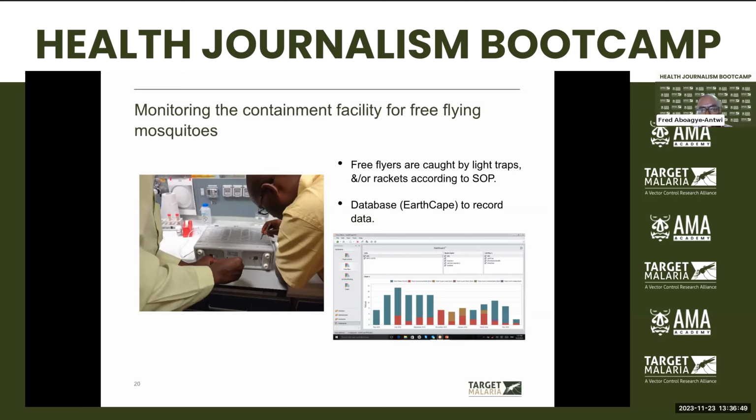And all data within this facility are kept in a database known as Earthscape, which is in the cloud, and that is a facility that ensures that those with authorization can have access to the data from these facilities. Next slide, please.